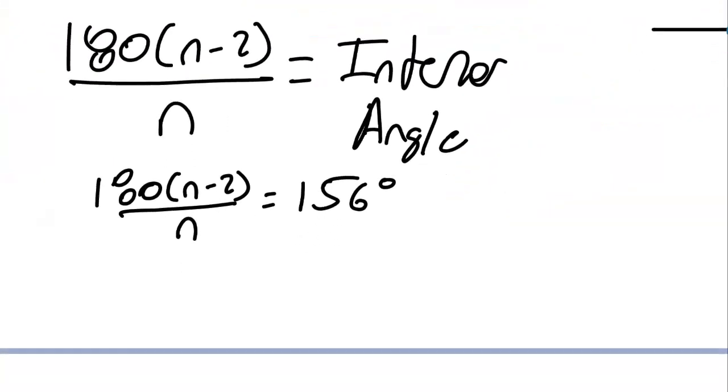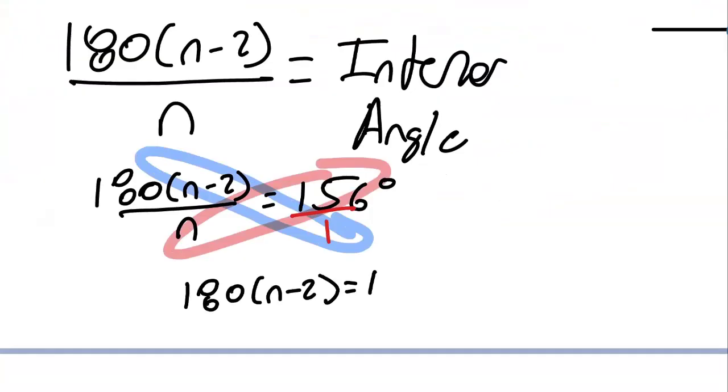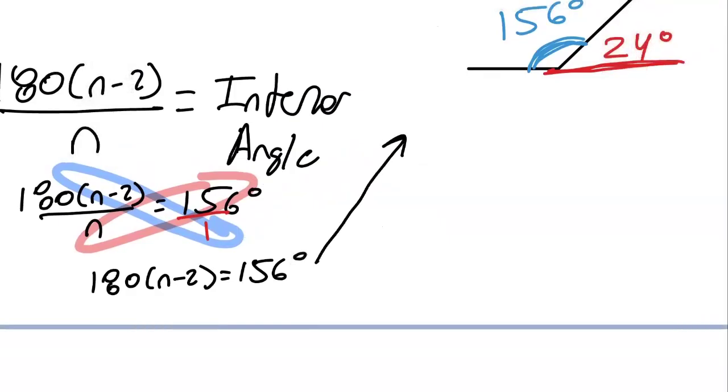So cross multiply, one underneath. So the left side doesn't change. It honestly just always stays the same. 156 degrees n. Distribute.